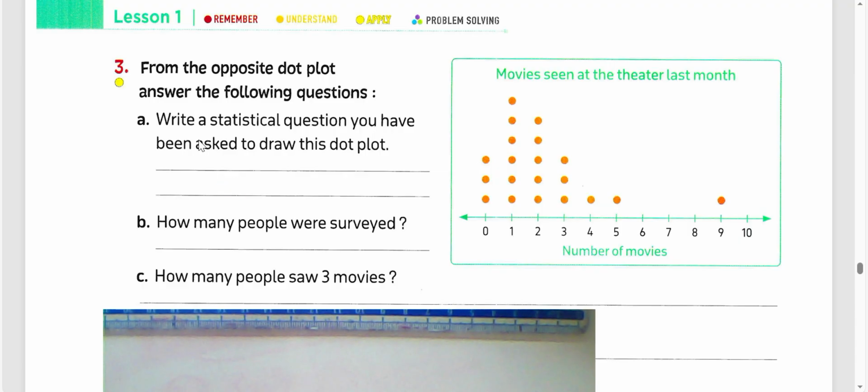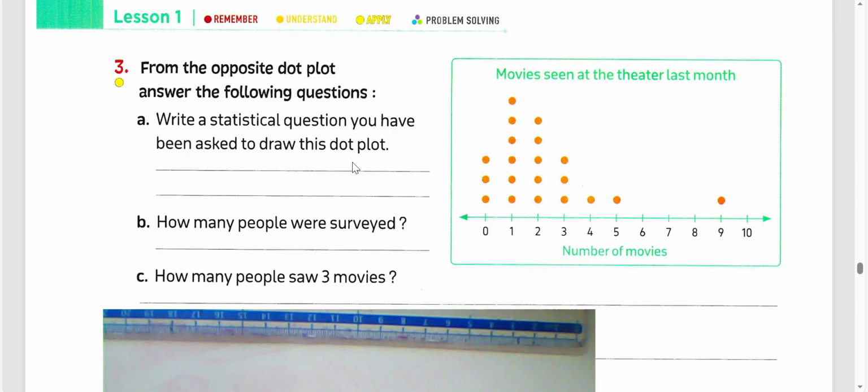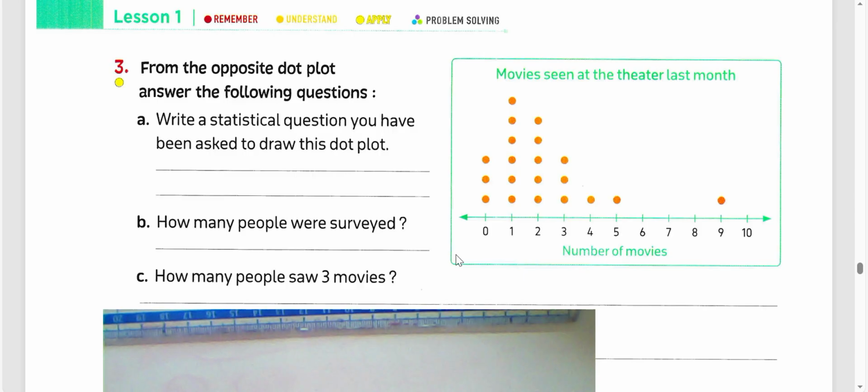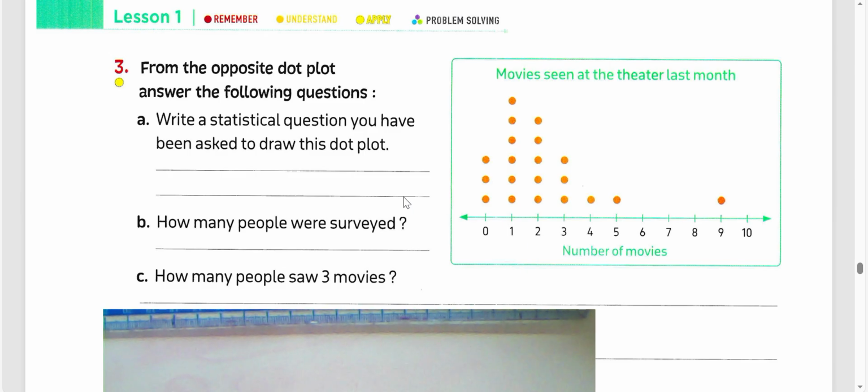Then the answer of the question here. We asked about a statistical question. You have been asked this dot plot. Statistical question: how many students saw 3 movies this month?